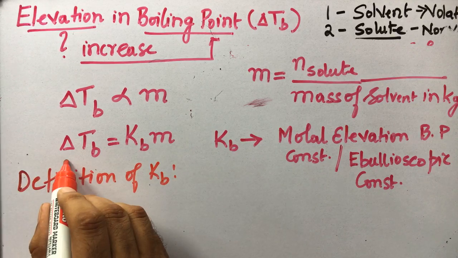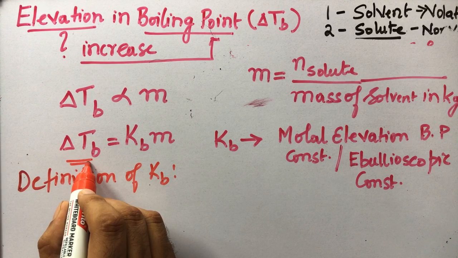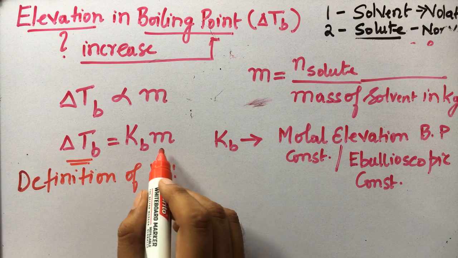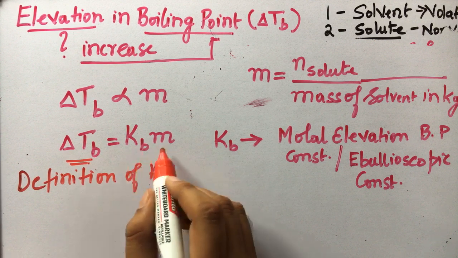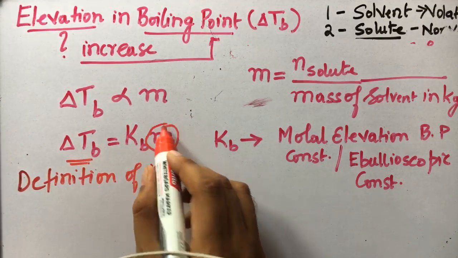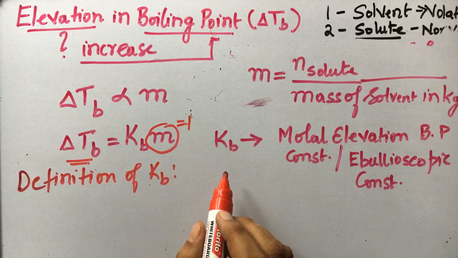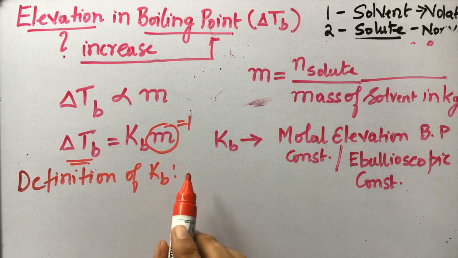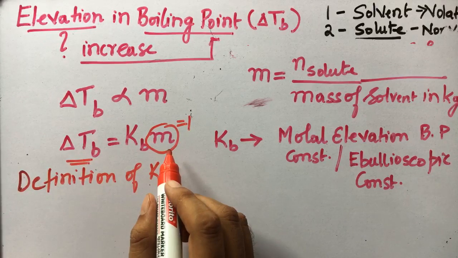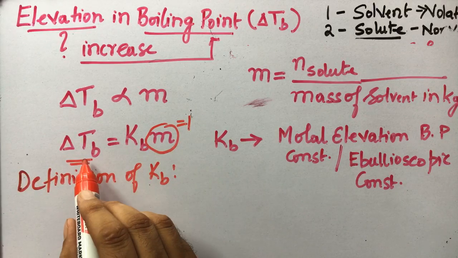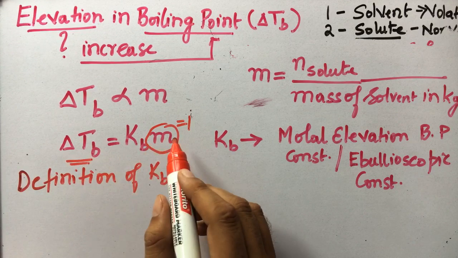The elevation in the boiling point can be equal to Kb when the molality of the solution is equal to 1. So now tell me, what is the definition of Kb? Ebullioscopic constant is defined as the elevation in the boiling point of the solution when the molality of the solution is 1.